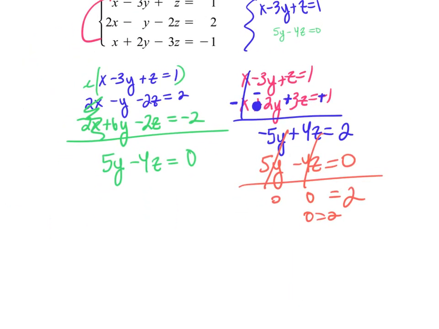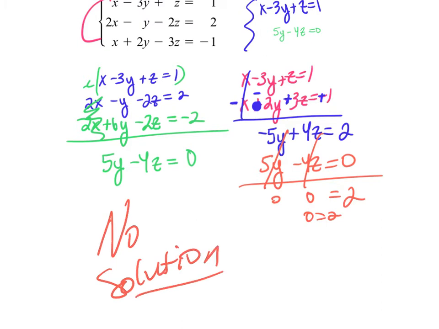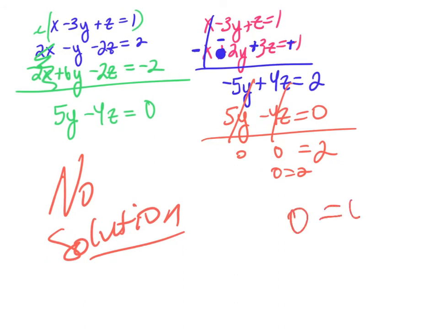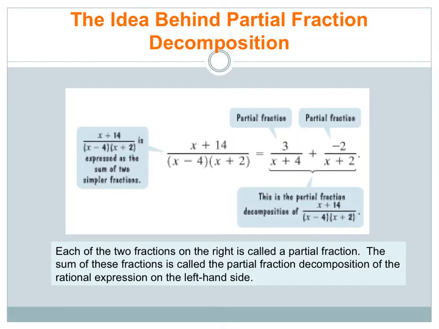So when you have something like this, your answer would be that there's no solution. That is a possibility. What happens if you came out to an answer and it was 0 equals 0? That would be infinite, correct. So just be aware, guys. That is a possibility.